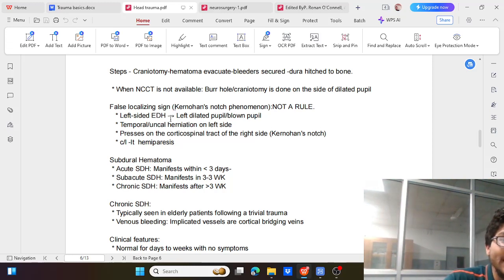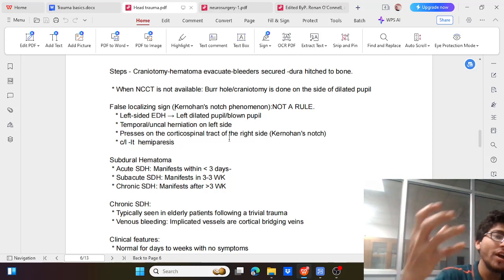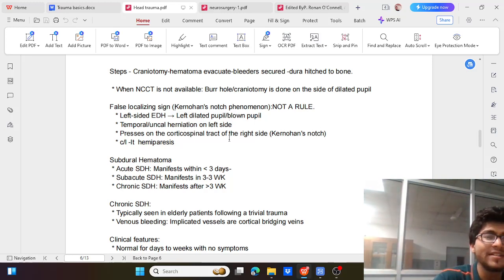The EDH will cause temporal lobe herniation or uncal herniation. So what is herniation? The brain gets pushed either to the opposite side or downwards towards the skull opening, that is the foramen magnum, and presses on other structures. So what does it do?